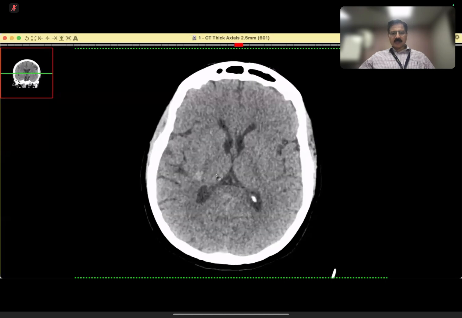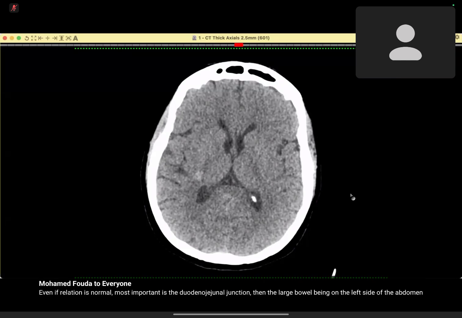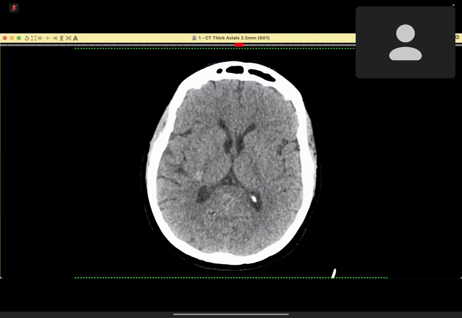What do you think is happening here? Yeah, you mean this lesion? Yeah. Here I can see that there is a well-defined hyperdense lesion noted at the right parietal lobe posteriorly. I cannot see any similar lesion in this cut or in other cuts.